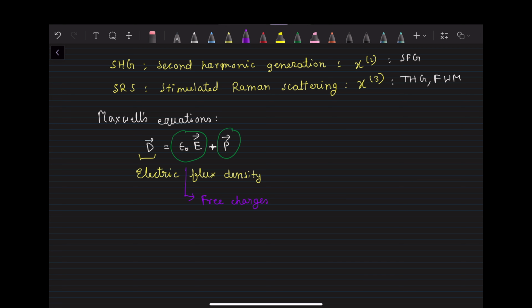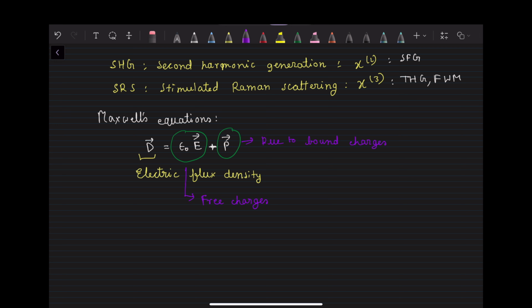So they're free, like in metal, electrons can flow freely, right? So those are free charges. And here we have polarization effects, which are due to bound charges. Okay, and that's where we get the response of it.